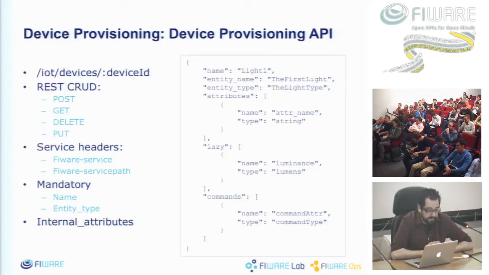The internal attributes is a special attribute whose semantics will be dependent on the IoT agent, and is meant to ease the task of translating the attribute information from the underlying device protocol to the NGSI protocol that will be used to create the entities belonging to the device.